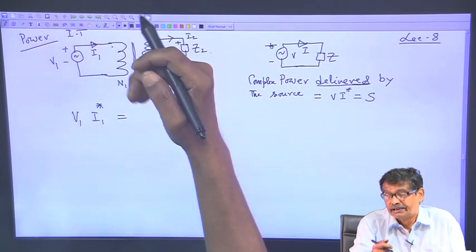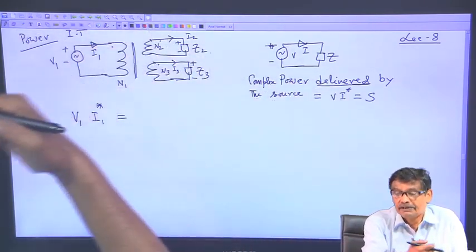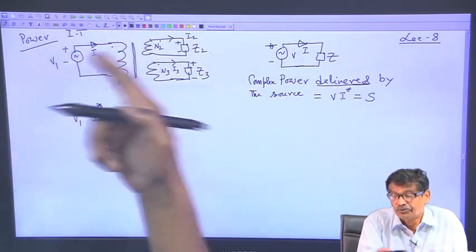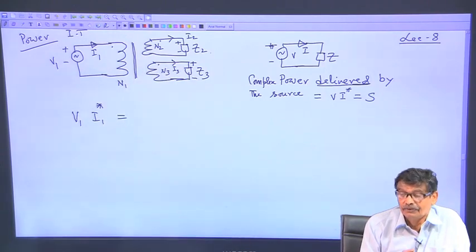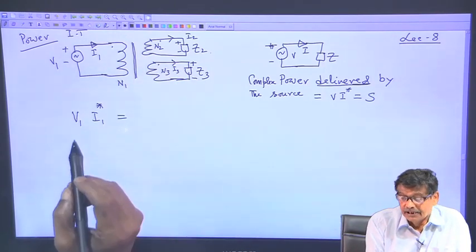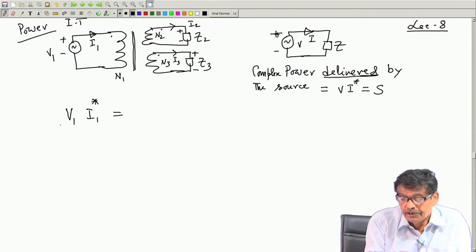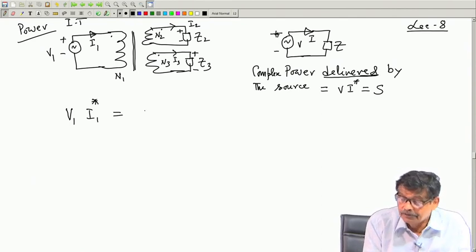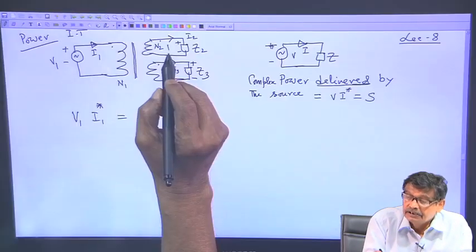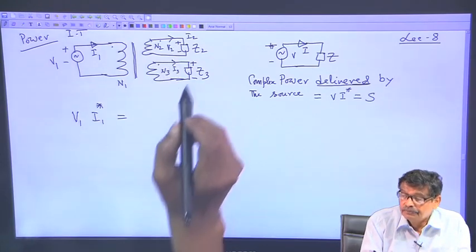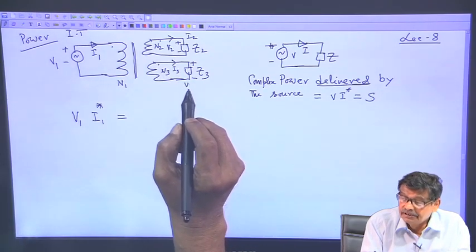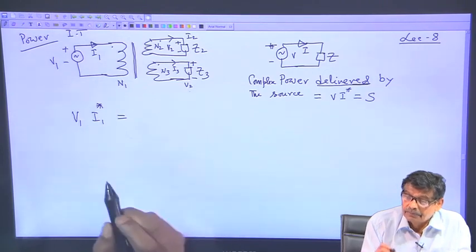So, that MMF will be compensated by the current drawn by the primary through the dot, that is the whole implication. But what I am telling, this must be true: V 1 I 1 star must be equal to, suppose this voltage is V 2, upper one plus lower one minus.